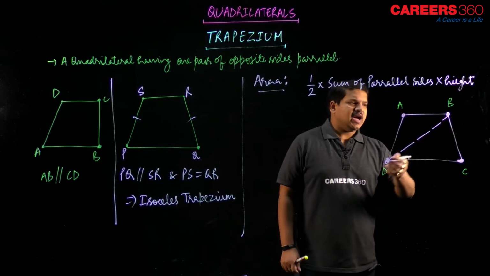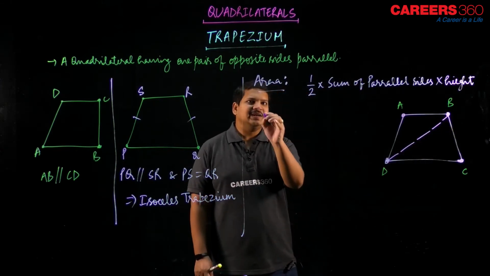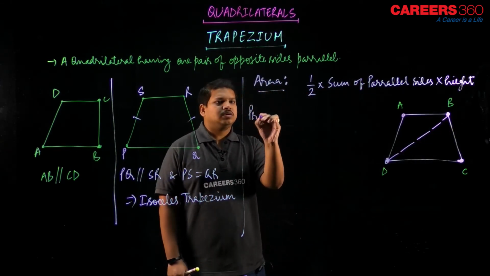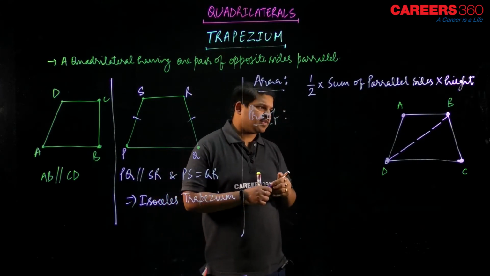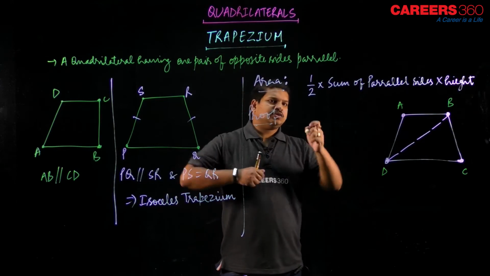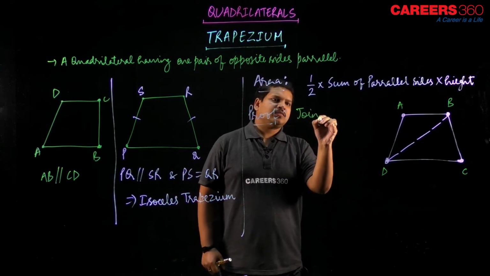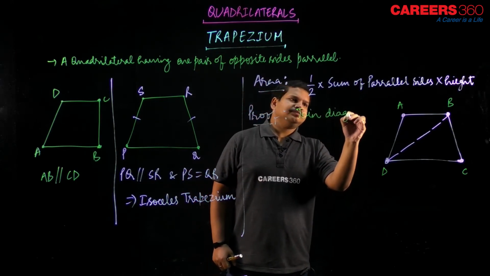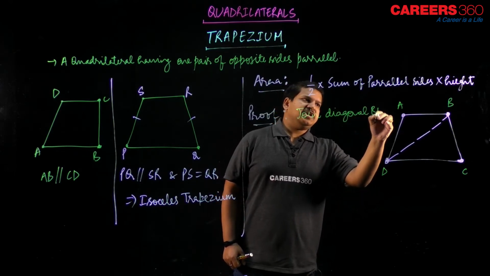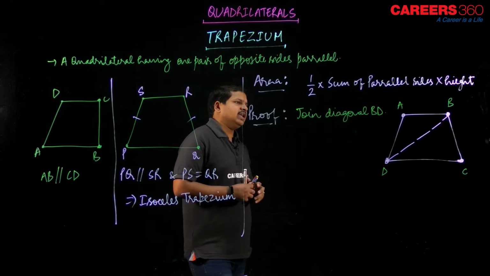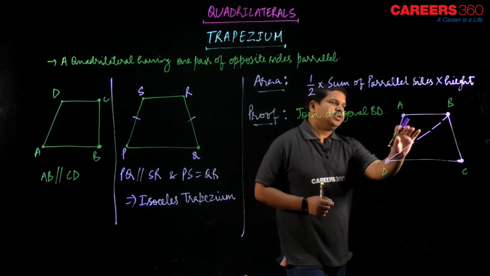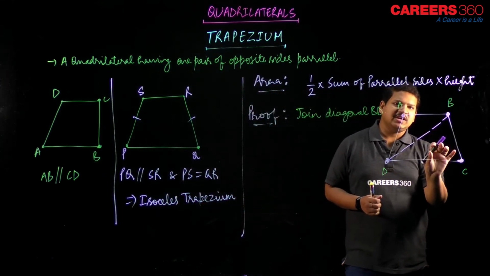I have joined this diagonal. So the proof would be: I join diagonal BD. Then as you can see, two triangles have been created.